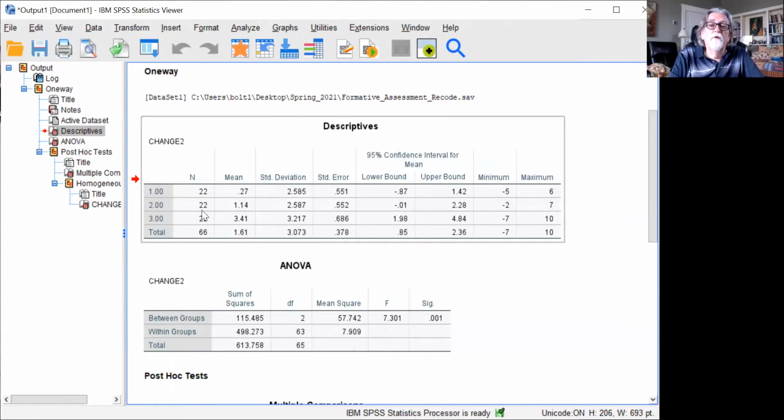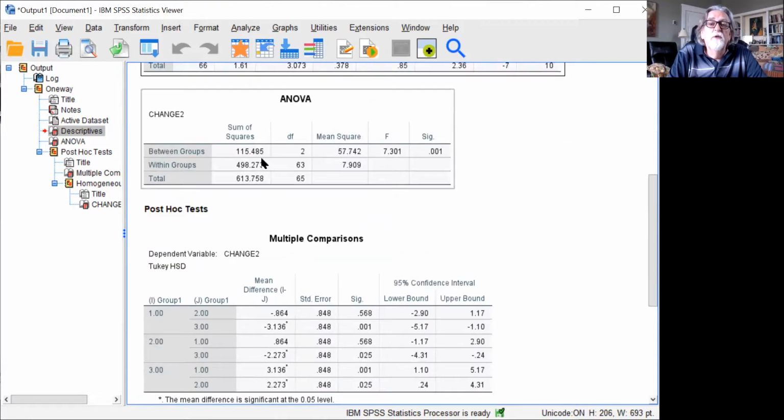We have the N in each group. We have the total N. Here's the mean, the standard deviation, standard errors. So we know that the mean for group one is 0.27, the mean for group two is 1.14, and the mean for group three is 3.41.